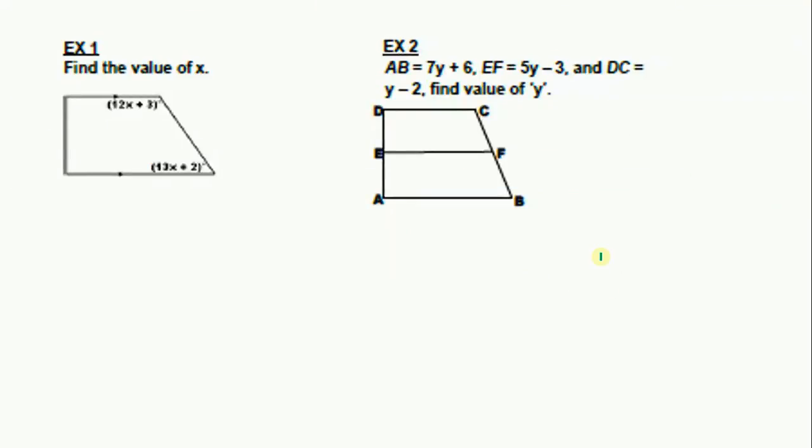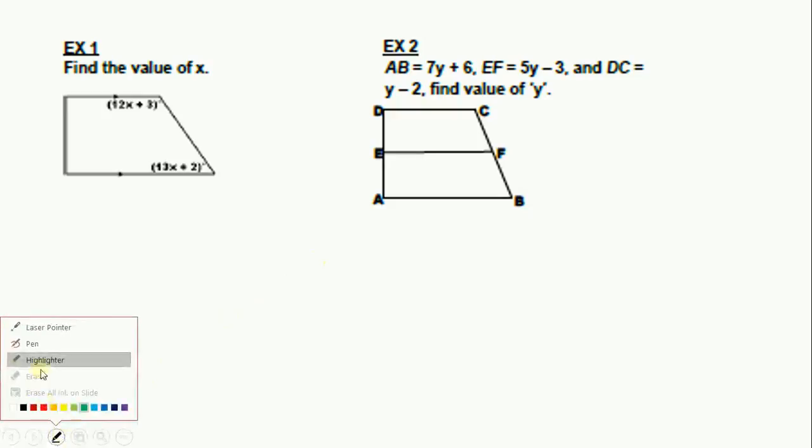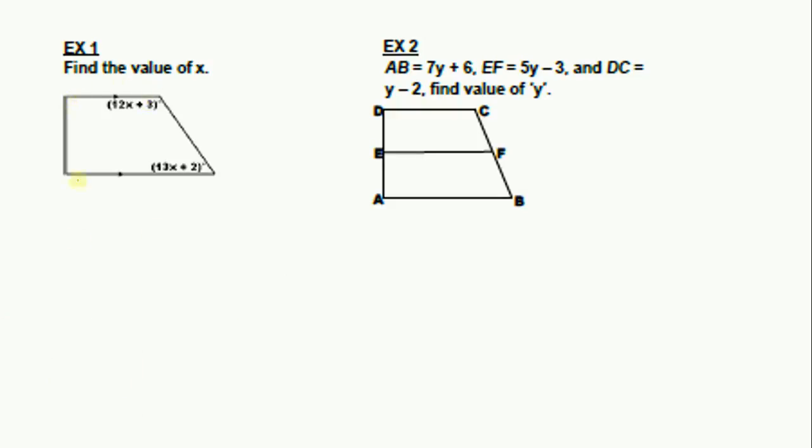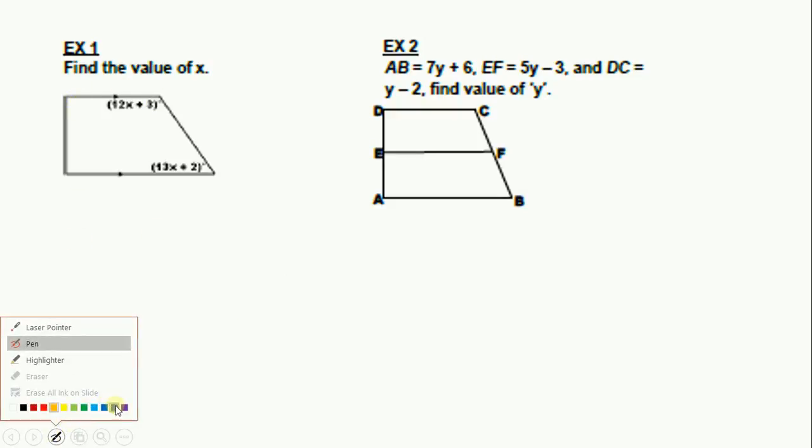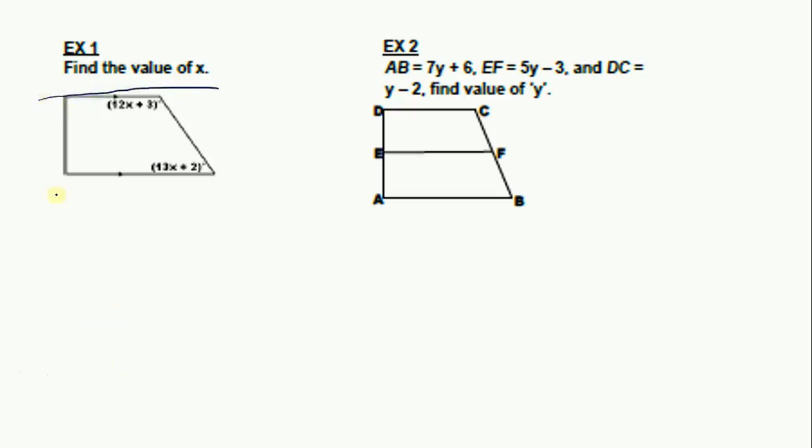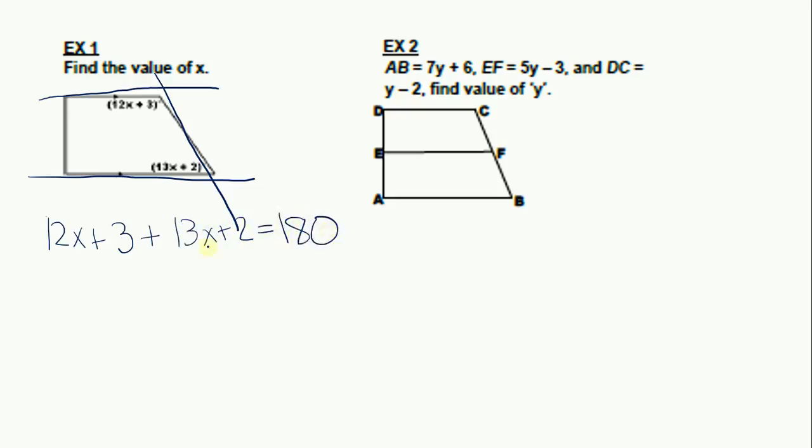So I have example 1 here. I need to find the value of x. Now here is the thing, these two sides are parallel, which tells me that these two angles are supplementary. They are adding up to 180. So I know 12x plus 3 plus 13x plus 2 has to equal 180 degrees.